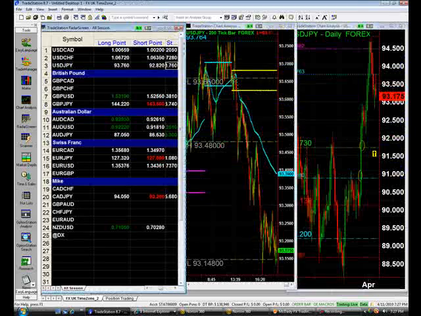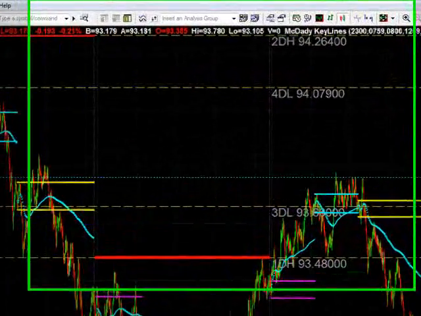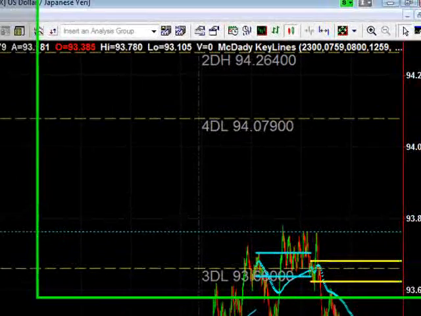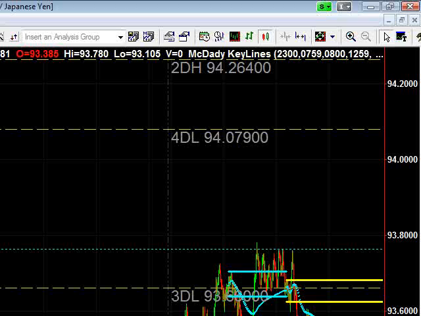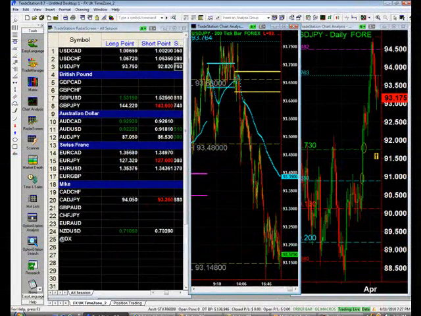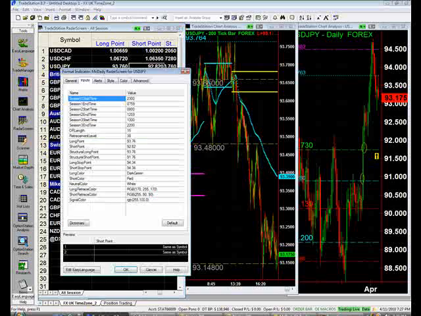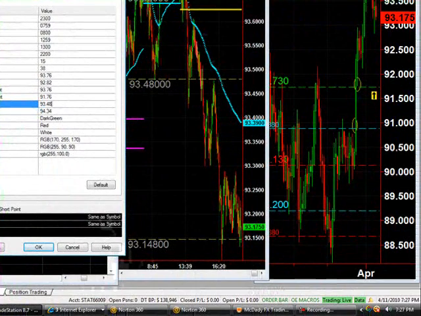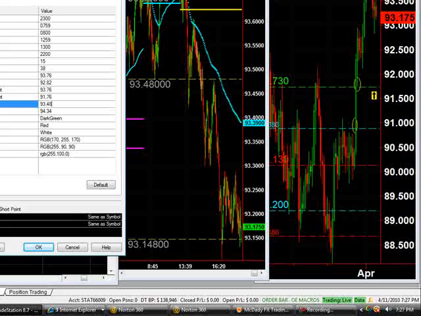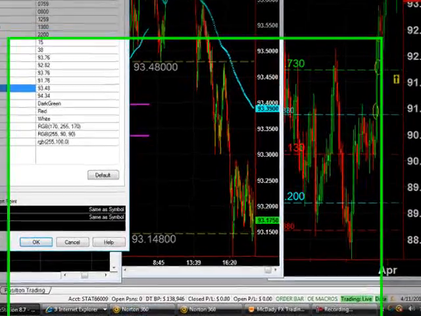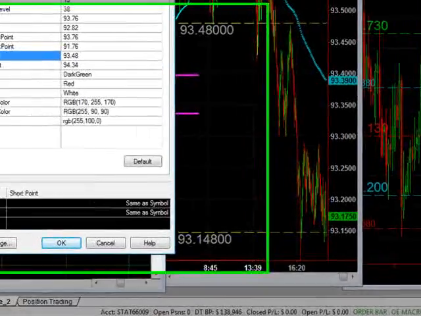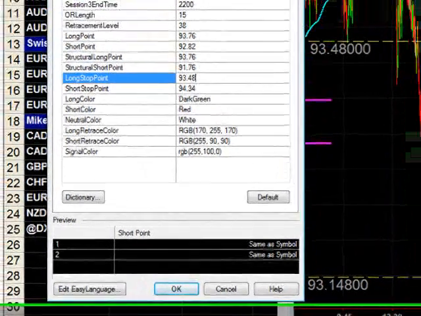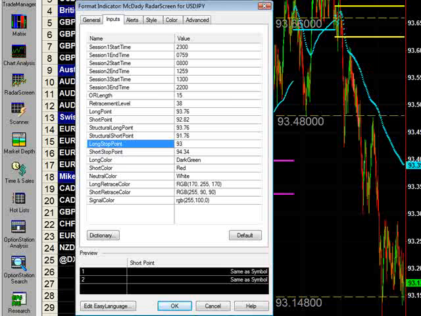Let's pick up the stops. I'm going to show you these points in a minute. If you are going to buy above 93.76, your stop should be below 93.48. Your long stop should be 93.48. And if you short below 92.82, your stop should be right above 93.14.